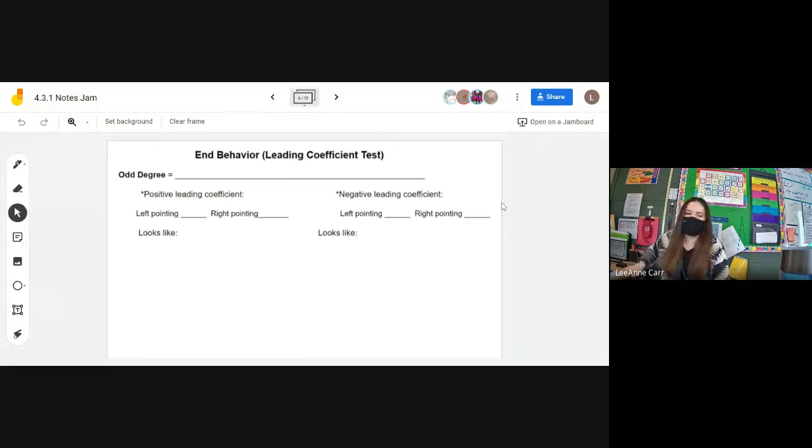All right, so if we have odd degrees, meaning your degree is 1, 3, 5, 7, 9, any of that stuff, this means that the ends will go in different directions.